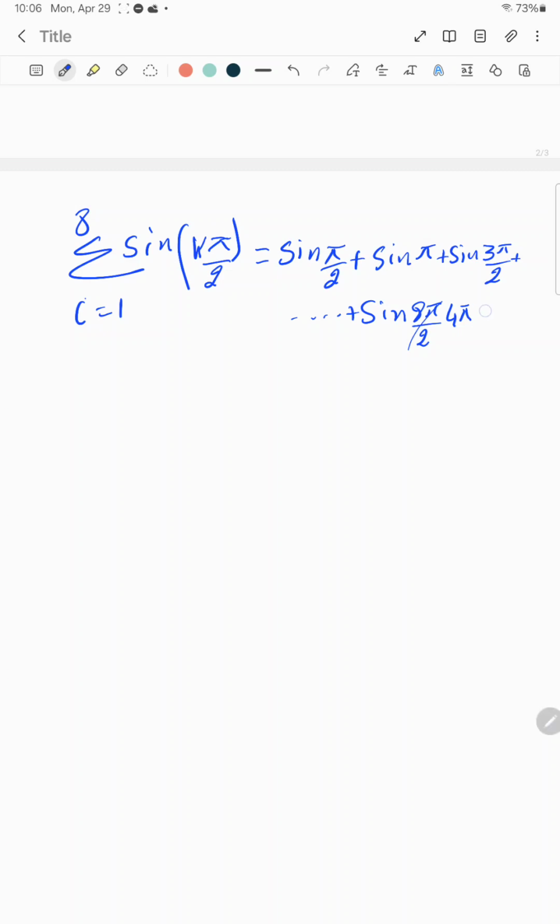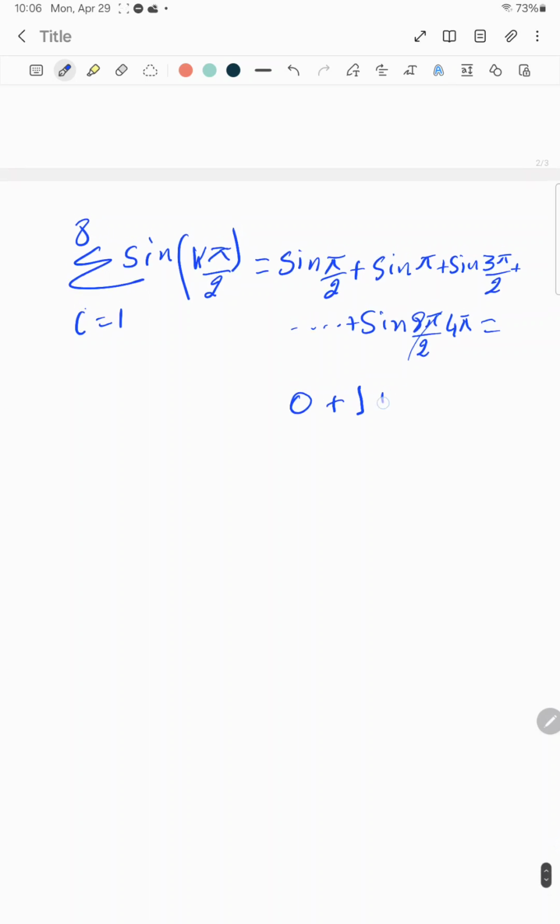So sine pi over 2 is equal to 1, sine pi is equal to 0, and sine 3 pi over 2 will be minus 1. And then if you continue, you will find the pattern plus 1, 0, minus 1, 0, plus 1, 0, minus 1, 0, and it will be equal to 0 because 8 is an even number. If it is an odd number, it should be either plus 1 or minus 1.